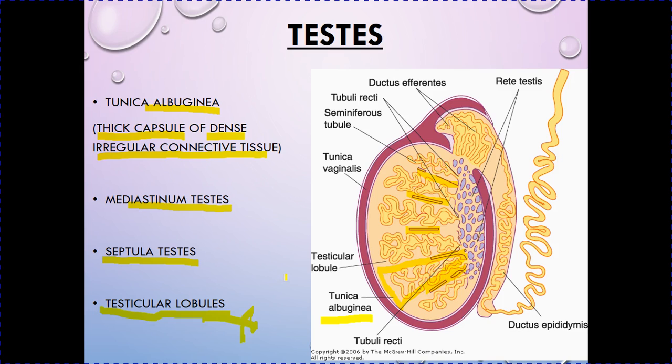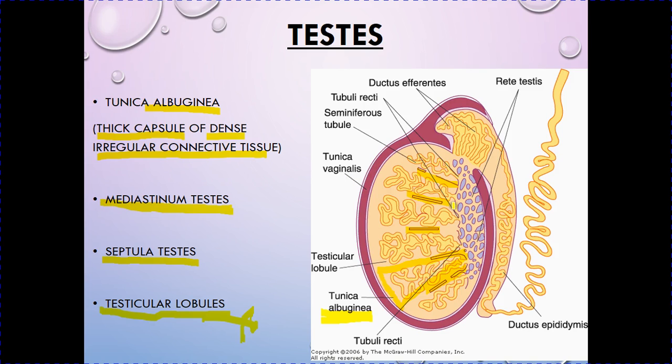So what we have learned up till now is that when you take a cut section of the testes, the outermost covering is a layer of dense irregular connective tissue which is called the capsule, also called tunica albuginea. The tunica albuginea is thickened at the posterior end and it is called the mediastinum testis.